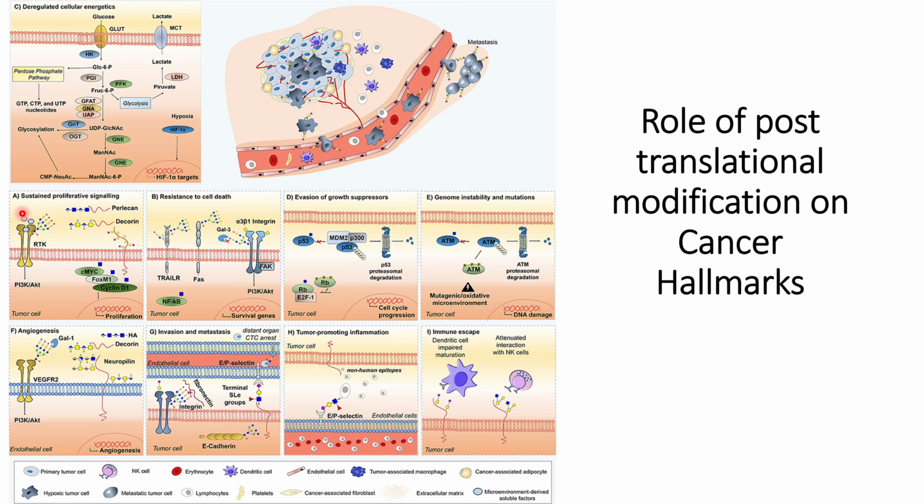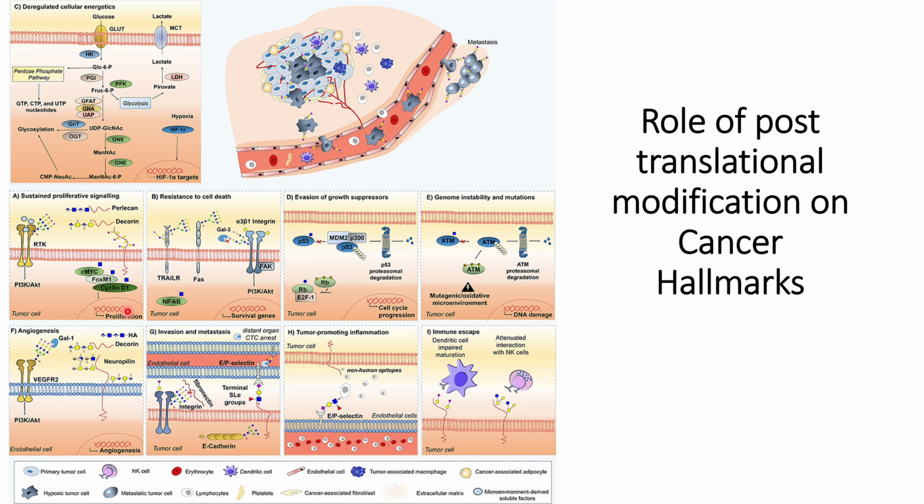The first panel shows sustained proliferative signaling. In this case, because of the change in the glycan structures of decorin and perlecan, at the same time the RTK will trigger the survival pathways such as PI3K AKT. At the same time, MYC, FOXM1 and cyclin D1, which are glycosylated in cancers, will also promote upregulation of proliferative genes.